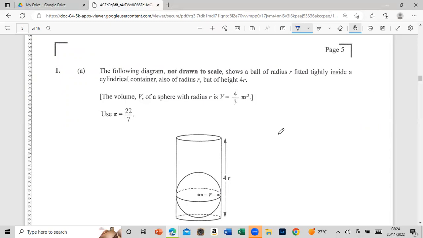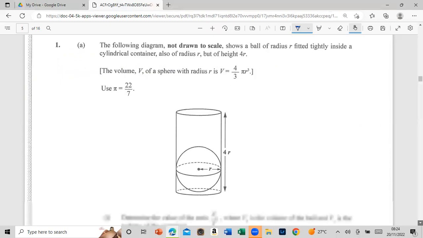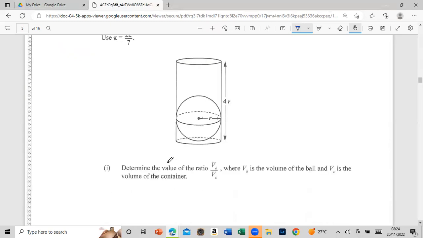Let's look at the diagram carefully. It says determine the value of the ratio VB over VC, where VB is the volume of the ball and VC is the volume of the container. That should be worth about 2 or 3 marks.